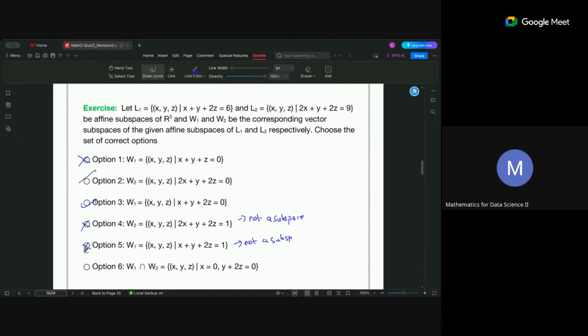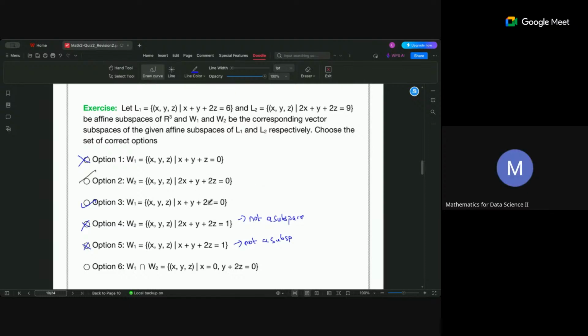What about W1 intersection W2? W1 is here, W2 is here. What is W1 intersection W2? When we take the intersection, we take only the common (x, y, z) that satisfies both the equations.